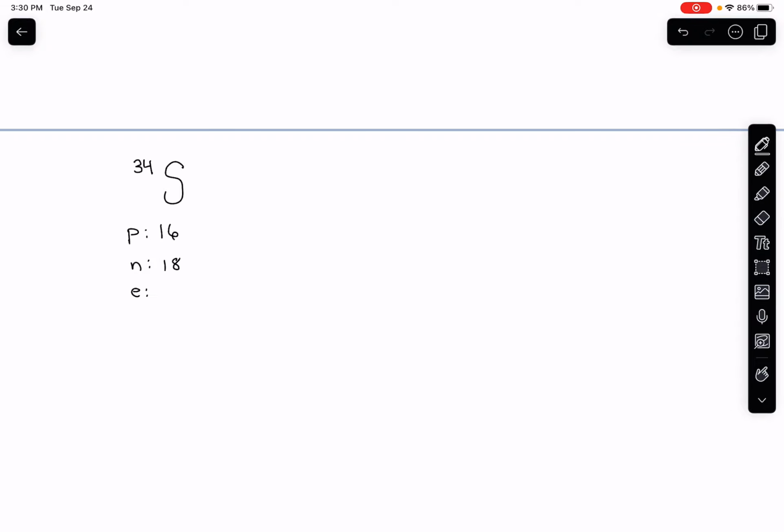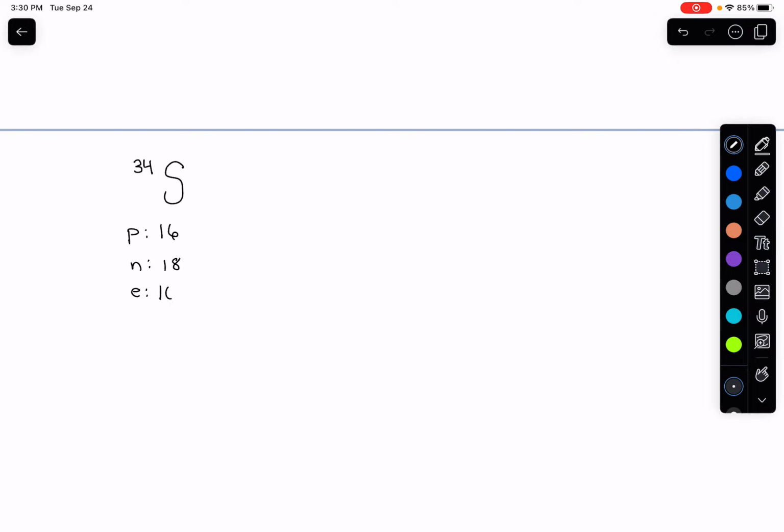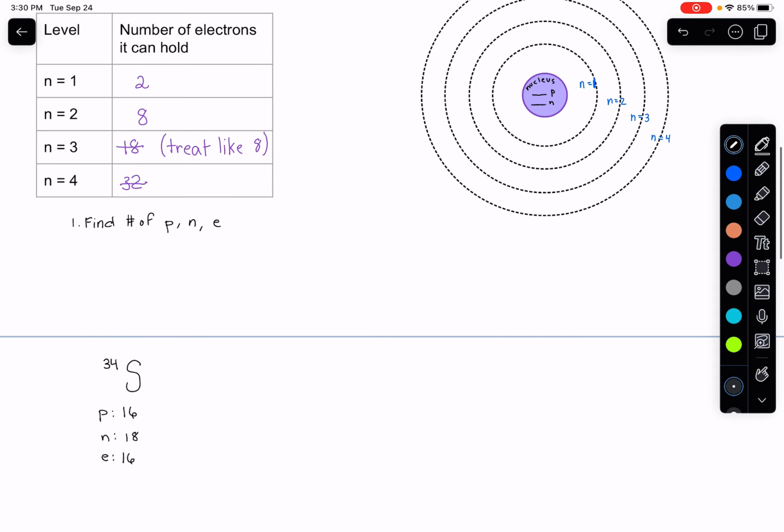So I'm done with that part. The electrons, this atom has no charge. It is completely neutral. And when something is neutral, it's going to have the same number of protons as it does electrons. All right, so that's step 1. The second part of drawing a Bohr model is filling in the nucleus. And the nucleus is going to be easy. Like I said, just write how many protons and how many neutrons it has.